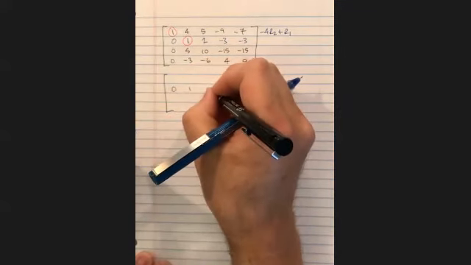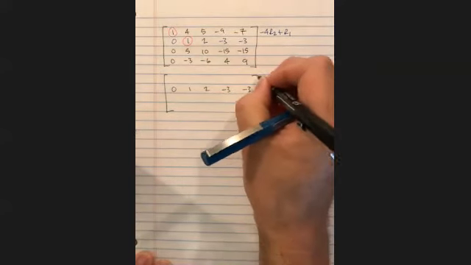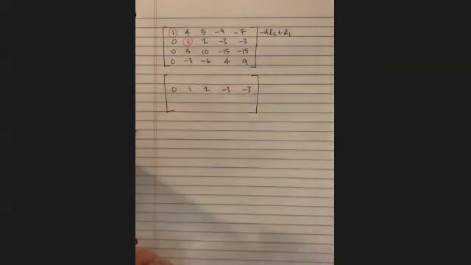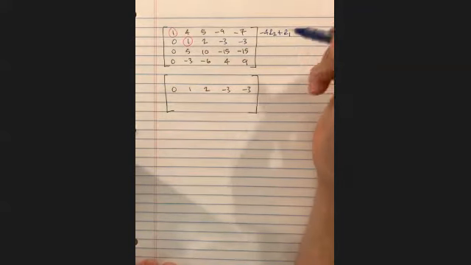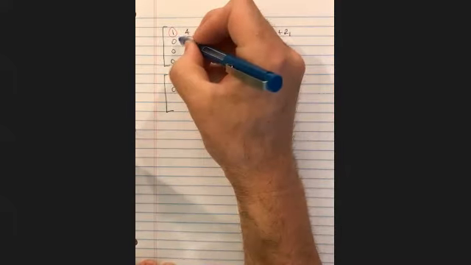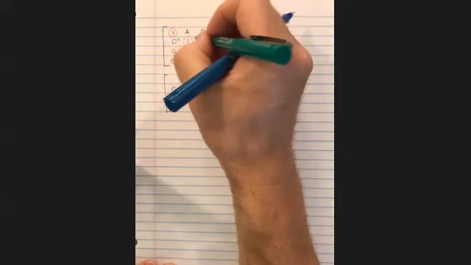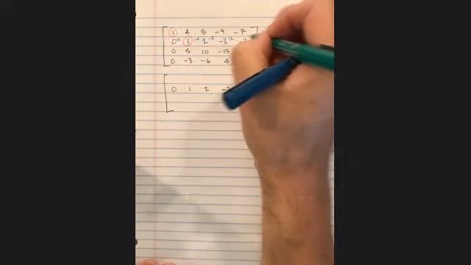So I'm going to write in the second row 0, 1, 2, -3, -3. So now I'm going to take -4 times row 2 and add it to row 1. That's going to be my new row 1. So -4 times row 2 will look like 0, -4, -8, 12, and 12.